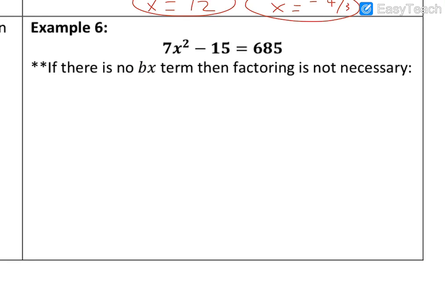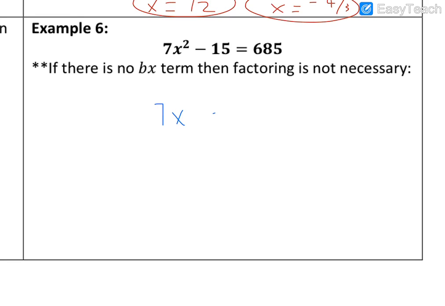In example number 6, I'm showing you how you do not necessarily have to factor anything because since you do have just an x squared term, you don't have an x squared and an x term, just like back in part 1 when you were looking for x-intercepts and stuff, if it was something like this, you could actually solve it. So the first thing that we're going to do here is add 15 to both sides. So we get 7x squared is equal to 700.